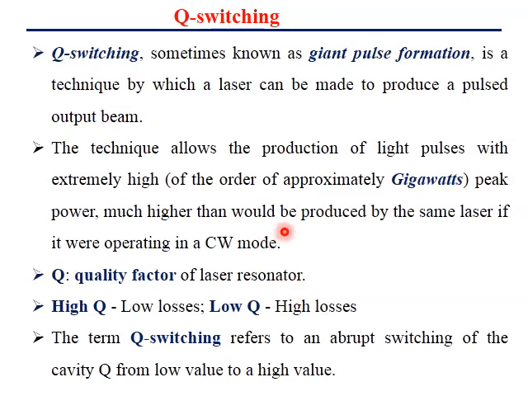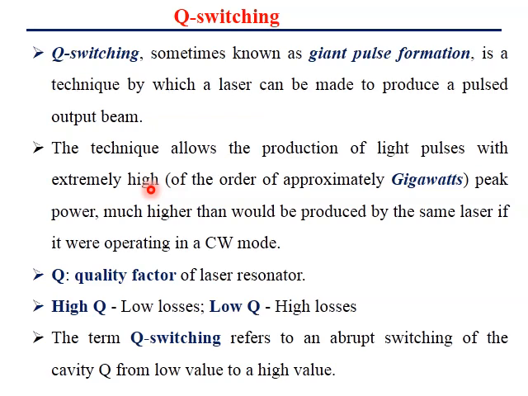Now Q switching is also sometimes known as giant pulse generation. This is a technique by which a laser can be made to produce a pulsed output beam. The technique allows the production of light pulses with extremely high peak power. How high is it?